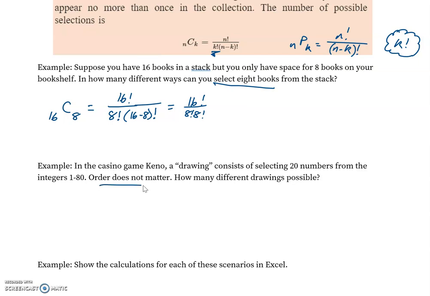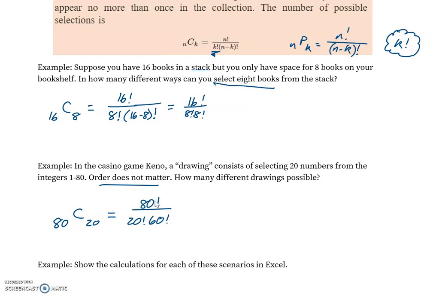Well, because order doesn't matter, we have 80 numbers from which we want to choose 20. So we'd have 80 factorial over 20 factorial, and then 80 minus 20, so 60 factorial. These two numbers, the 20 and the 60, should add up to the number on top, 80. And that's before we factor in all of the factorials.